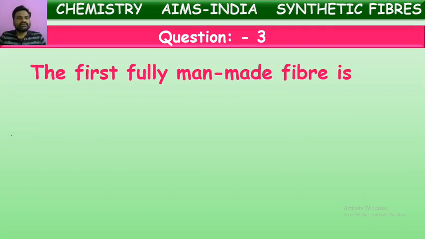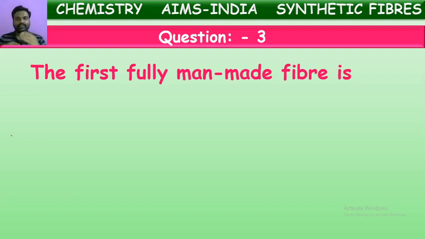Next one, the first fully man-made fiber. Man-made fibers are also called synthetic fibers or also called artificial fibers. Out of these artificial fibers, which is one which is prepared fully with chemicals at the first time. Actually, they have done rayon a long back, but rayon is prepared from naturally existing extract, that is from wood pulp.